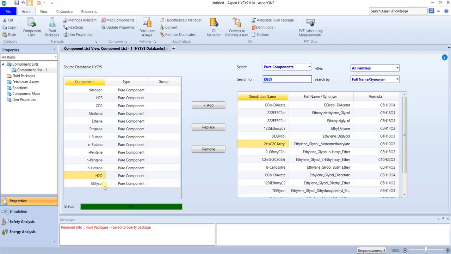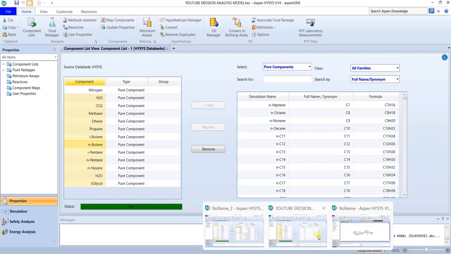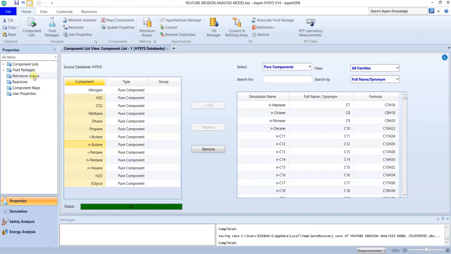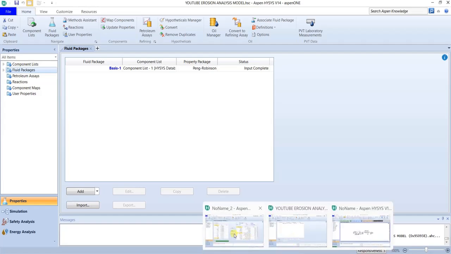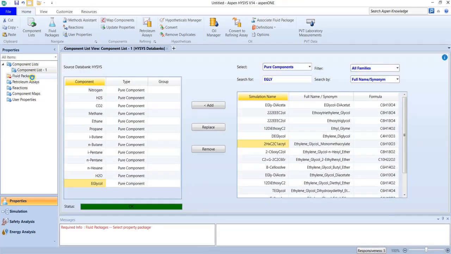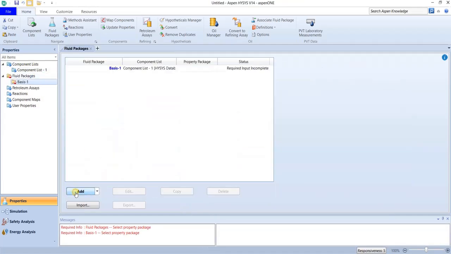So the component list is complete. Then for the fluid package, let's see the fluid package. Okay, we are using Peng-Robinson, so just use Peng-Robinson for this.